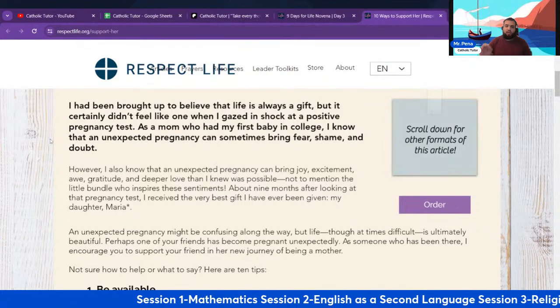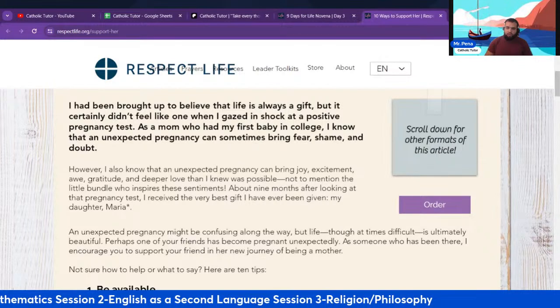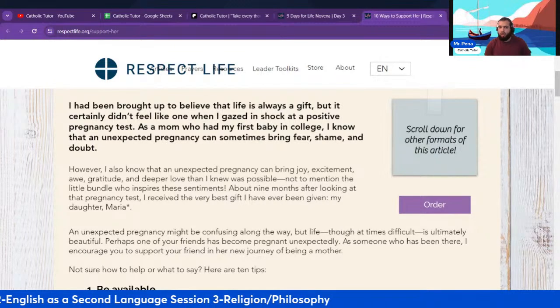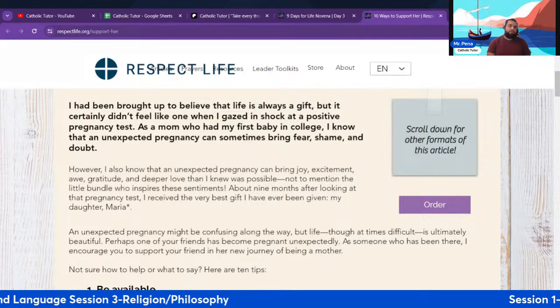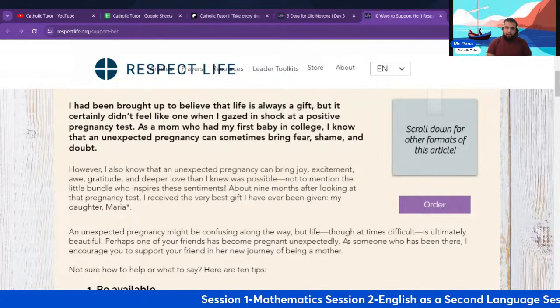However, I also know that an unexpected pregnancy can bring joy, excitement, awe, gratitude, and deeper love than I knew was possible. Not to mention the little bundle who inspires these sentiments.